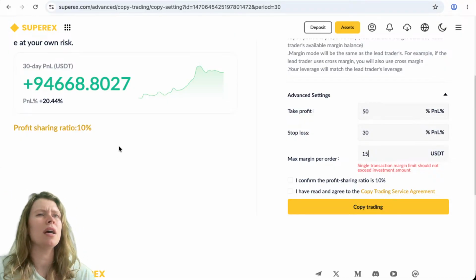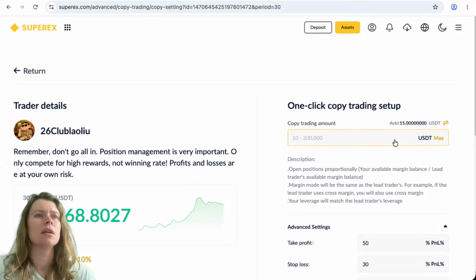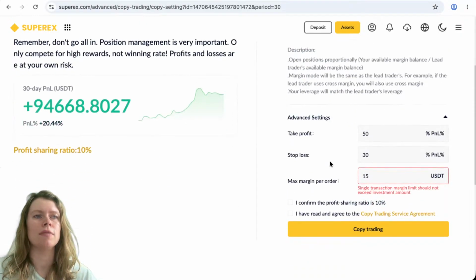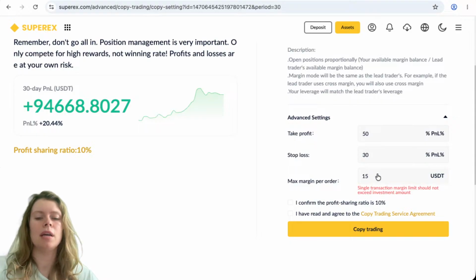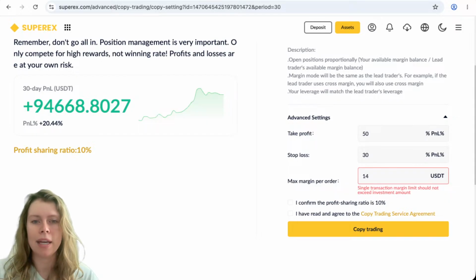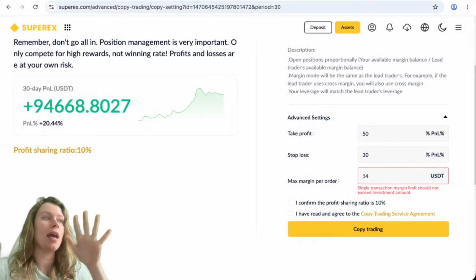Up here, I think I'd put my investment. I hadn't actually put anything in there, so that's something that I could have done, okay? But it's just something to keep in mind. Change it to a different number that makes sure that you feel safe with it, okay? And then once you're happy with all your numbers, you click copy trading at the bottom. Done. You're now going to be copying this person.